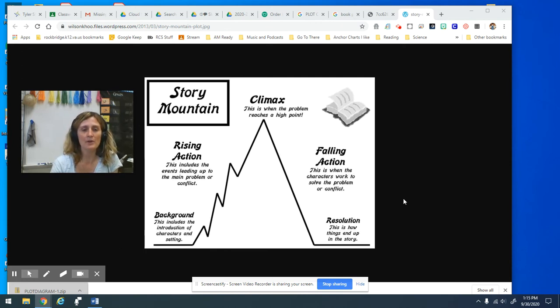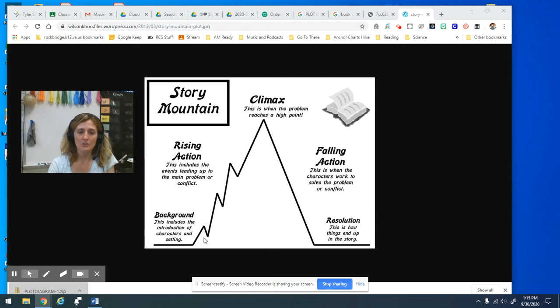So a good story begins with a little bit of background, or I usually say the normal. Like what are things like when things are all happy and normal? But then as the story progresses, there's some kind of conflict, some kind of problem or stress begins to happen.